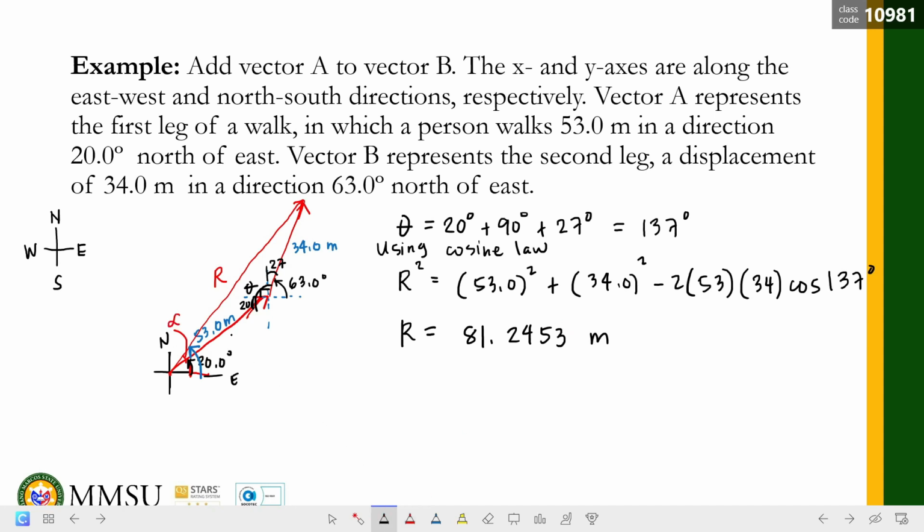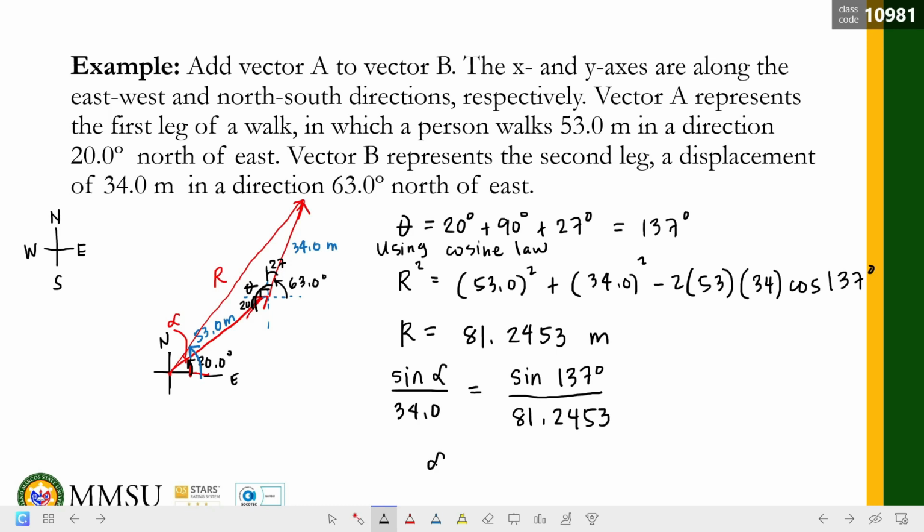So, using sine law, sine alpha over 34, the opposite side, is equal to yung given na angle, we have sine of 137 degrees over R, that's 81.2453.